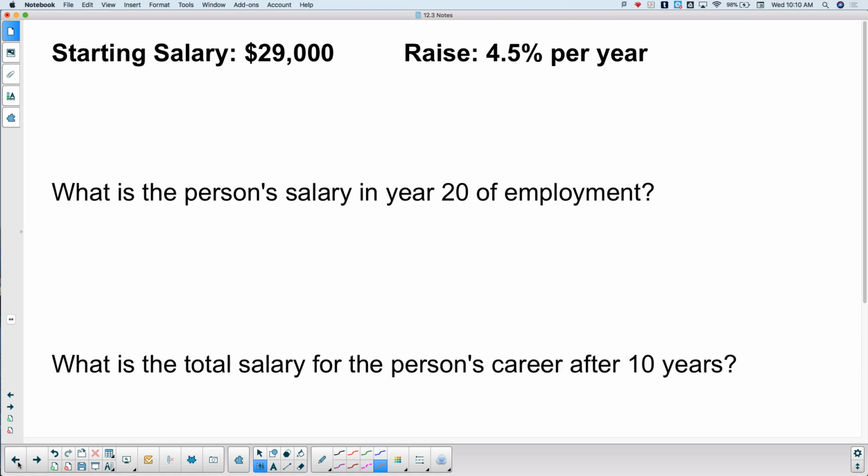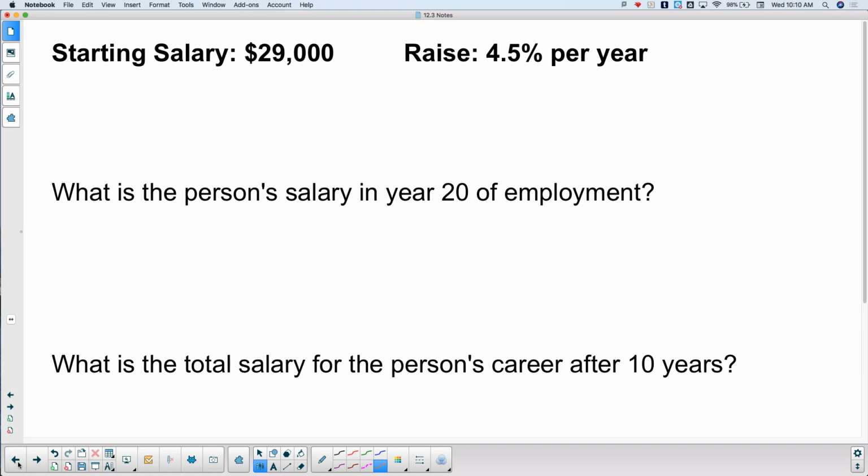So let's say your potential employer says, hey, we're going to start you with a starting salary of $29,000 per year. And then we're going to guarantee a 4.5% raise every year as long as you work with us.